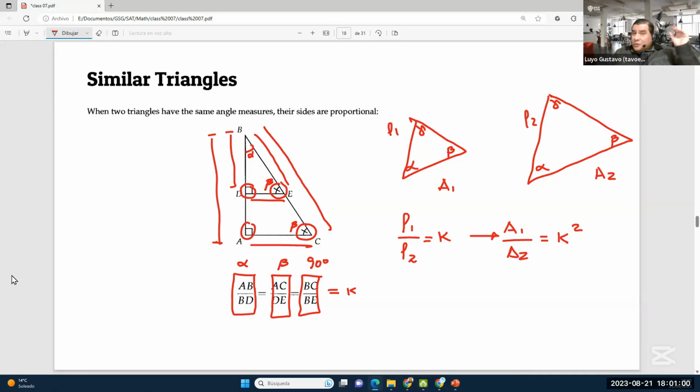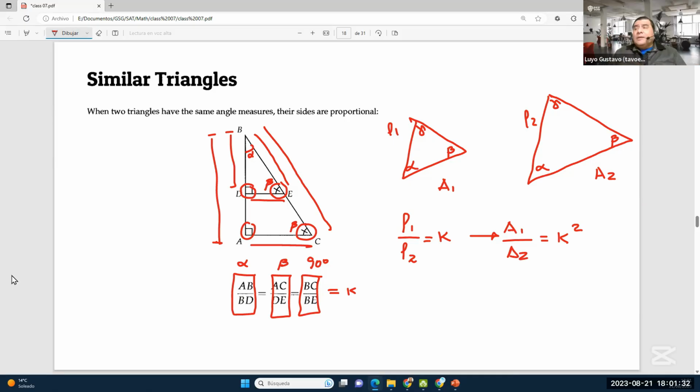So if you know the ratio of the corresponding sides of two similar polygons, the ratio of their areas will be the square of the ratio of their corresponding sides or lengths. Only applicable to similar figures, proportional figures. And of course, this works vice versa.